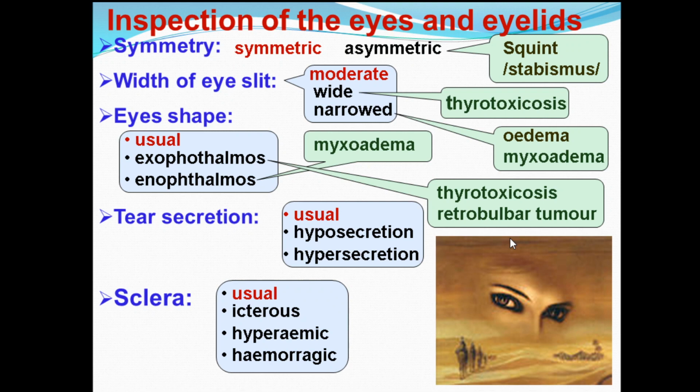In pathology it may be yellowish color, icteric, red color, hyperemic, and we can see some hemorrhagic spots. And obligatorily pay attention to pupils, which are the glass of the central nervous system. Any pathology with the brain is obligatorily manifested with changing size of pupils.